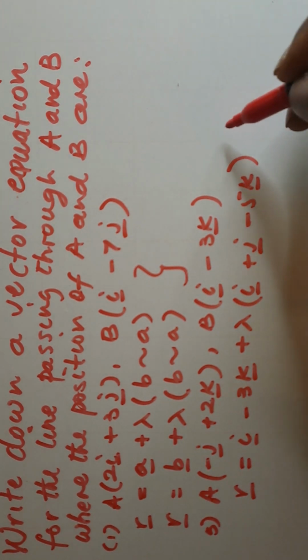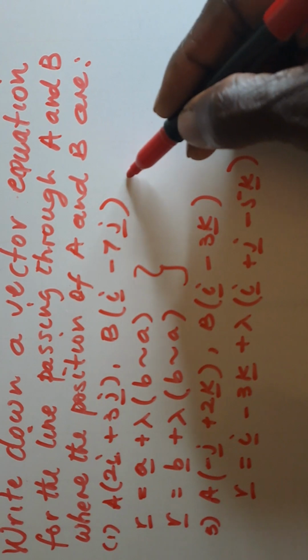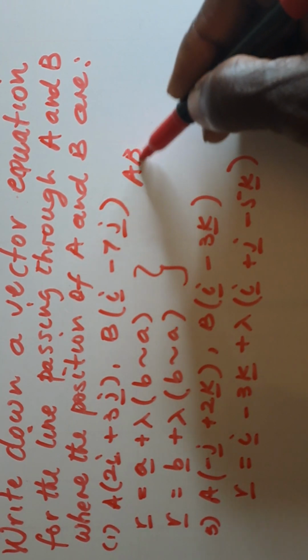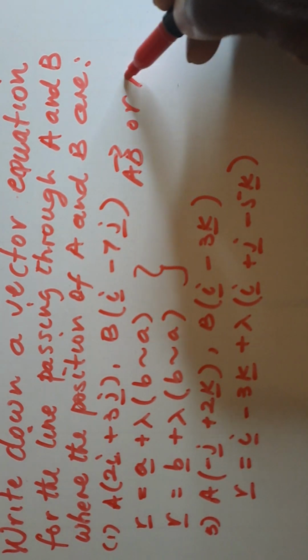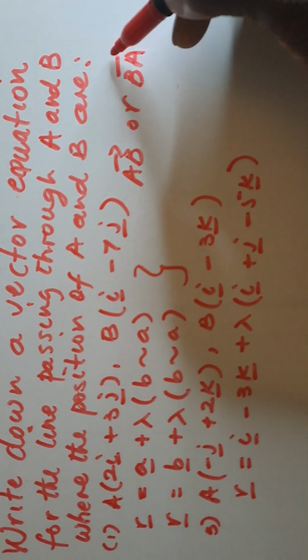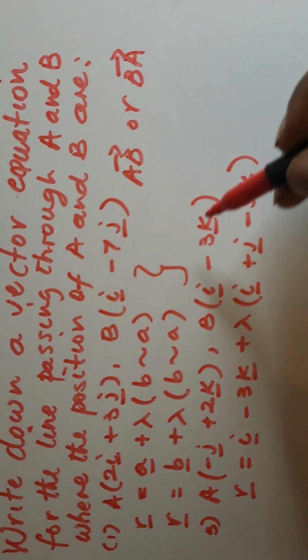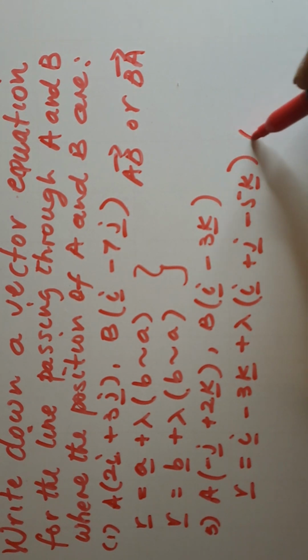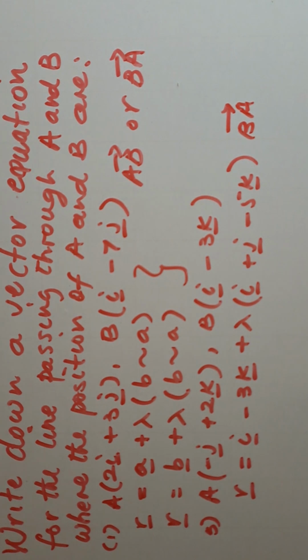I'll give you a hint here. We can express it as a to b or b to a. So our vector equation can be either a to b or b to a, and that's why we have these different forms. This is in the form b to a.